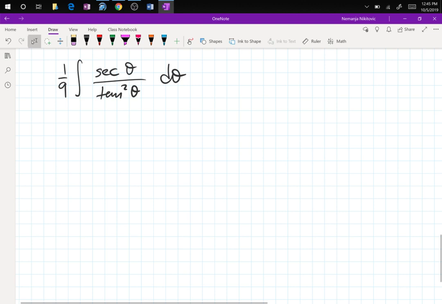And the answer is no, because you need a secant squared, right, to make u equals tangent. You don't have that. You need another tangent on top to make a secant tangent for the bank, but you will need a secant, which you don't have. So it seems that none of the stuff works.